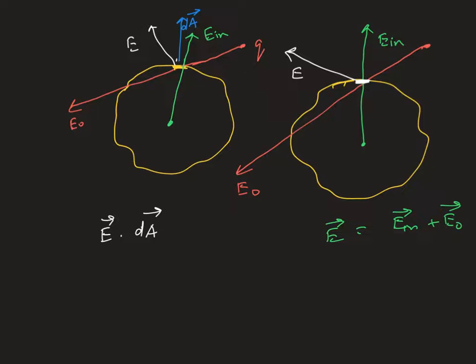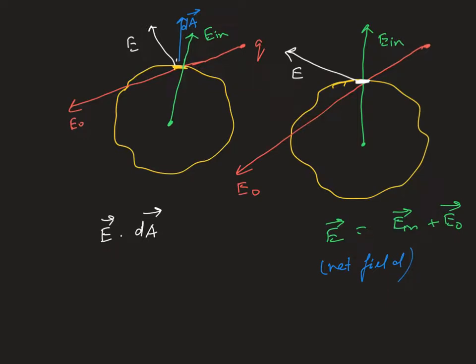And now we are going to do the same exercise for all points on the surface. And what is this exercise? This exercise is basically finding out the flux due to the net field. Let me remind you, very important to notice, the net field and the area vector.